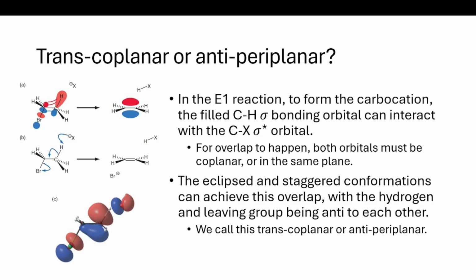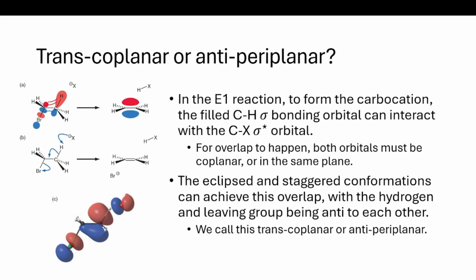Remember in molecular orbital theory, if we donate electrons to an anti-bonding orbital, in a sense, that bond is pretty much broken. Now, for overlap to happen, this carbon-hydrogen sigma bonding orbital must overlap with the anti-bonding orbital. So both orbitals must be in the same plane, or in other words, coplanar.